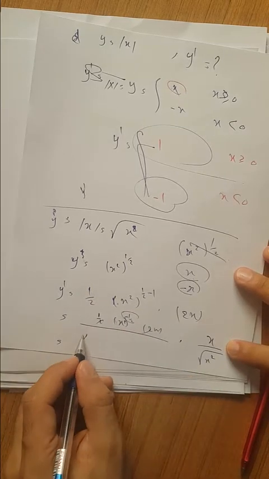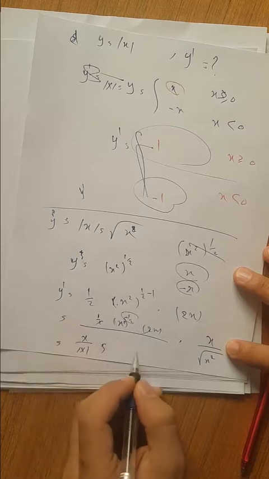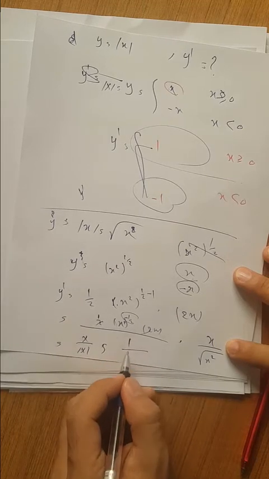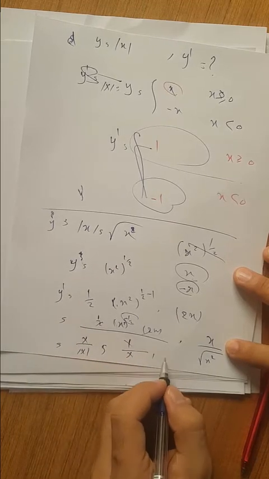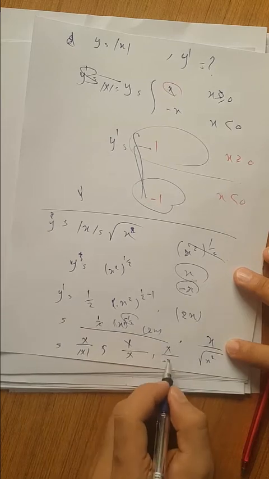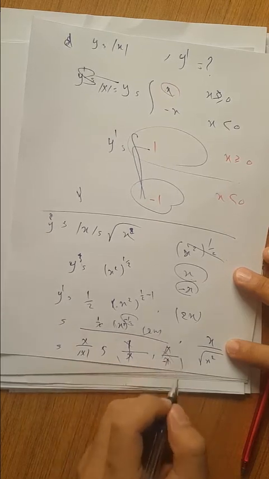This is equal to x over x, or maybe x over minus x. In that case I will get 1, in that case I will get minus 1.